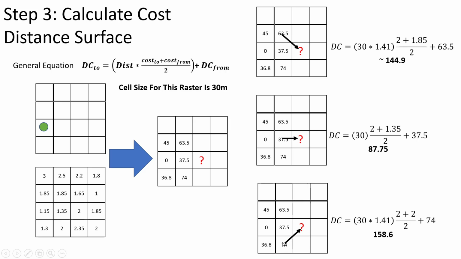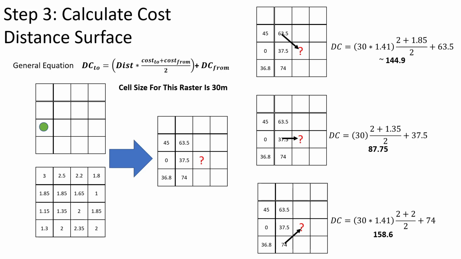The cost of this cell we calculated previously to be 74. So again, we're pulling over the accumulated cost of all of the other moves we've done so far. If we do this math, 158.6.